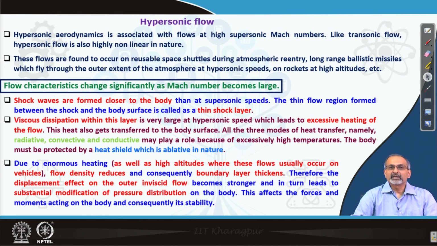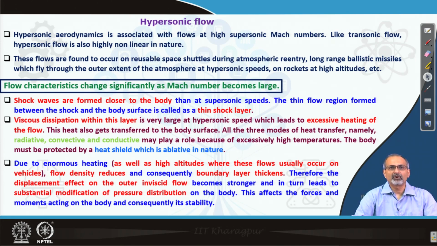So, there is a lot of kinetic energy content in the flow, and a significant part of that would get converted into the internal energy finally, and then it manifests in the form of extremely high heating of the working fluid, and then different energy modes get excited in the fluid, and therefore, there are manifestations which do not occur at lower speeds. Shock waves are formed closer to the body than at supersonic speeds in the hypersonic regime.